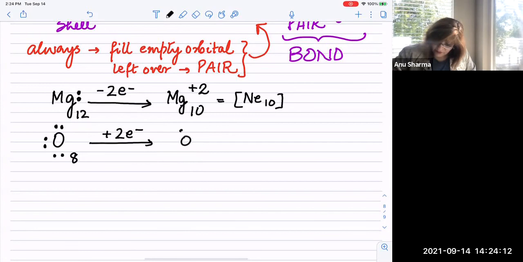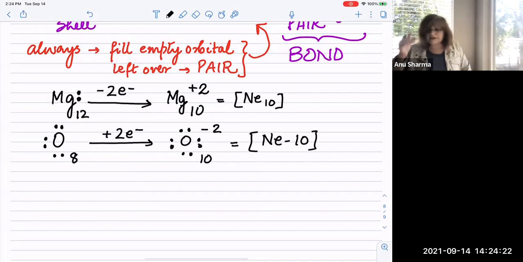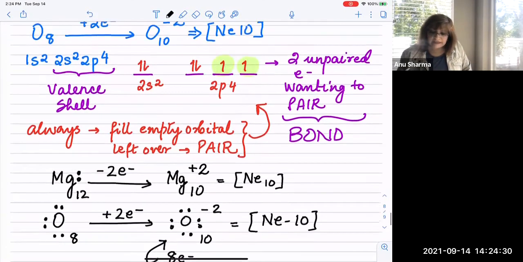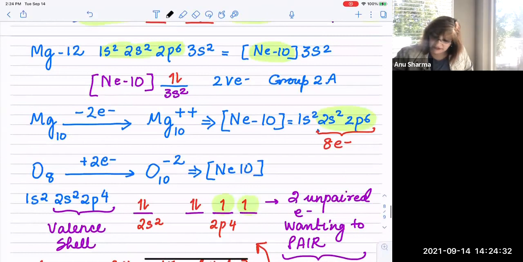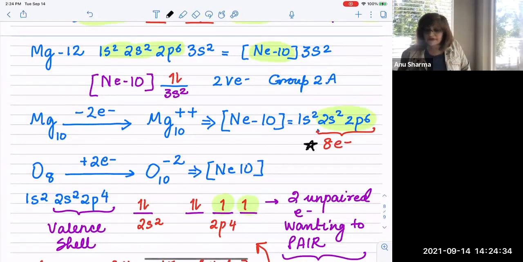Oxygen 1, 2, 3, 4, 5, 6, 7, 8, and this is -2 and 10. And then internally, it looks like neon. So it has that nearest noble gas configuration. It has the octet. This is the 8 electrons in oxygen. Magnesium also has the octet met. This is the 8 electrons for magnesium. So that's the octet. When it loses electrons, it gets the octet.